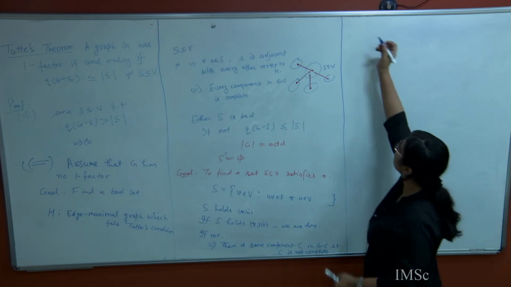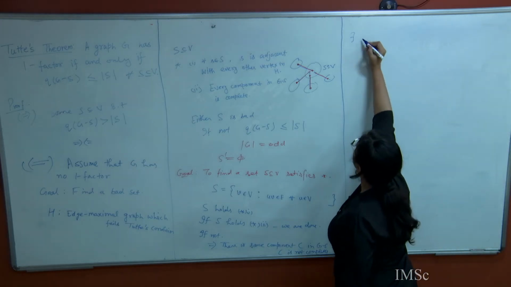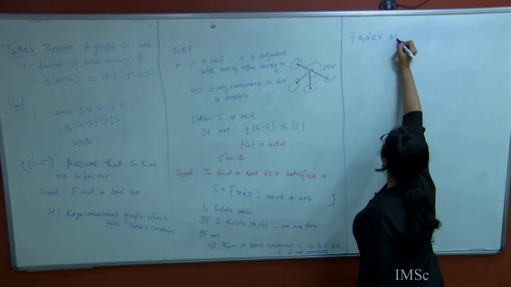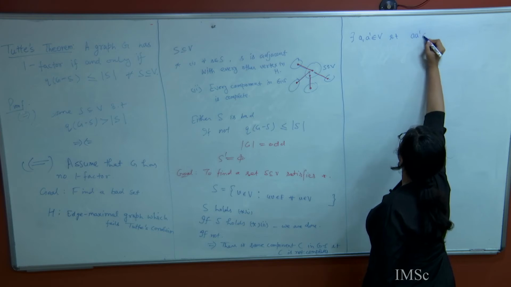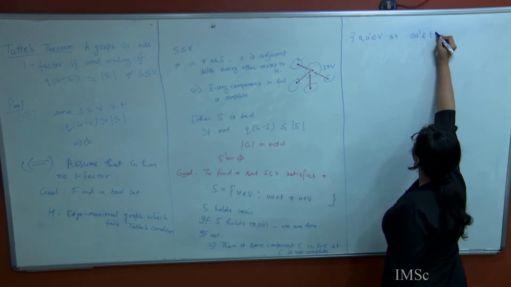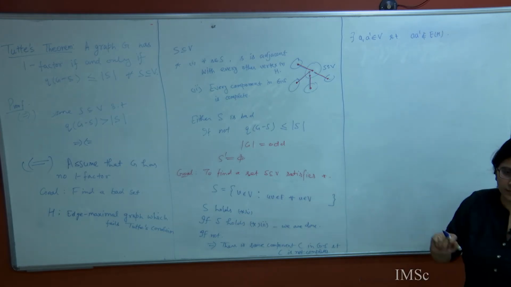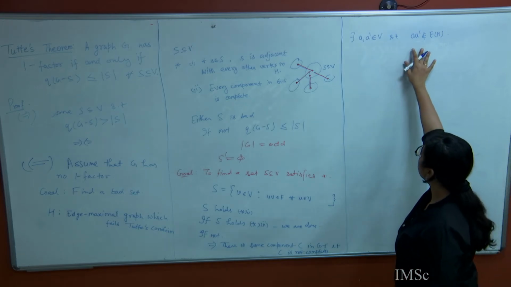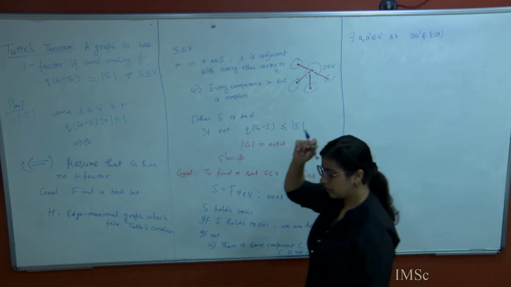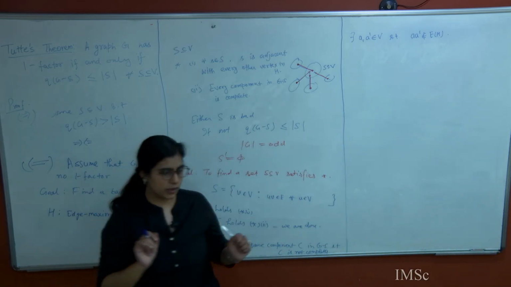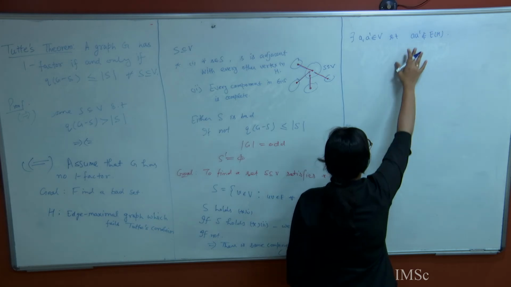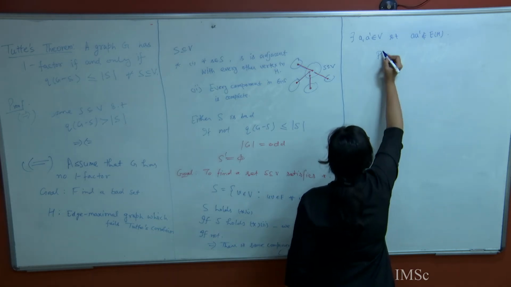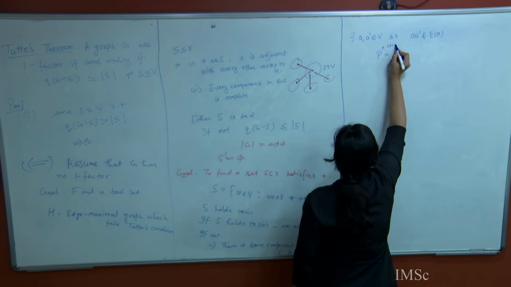What does it mean? That there exists some pair A, A prime such that AA prime is not an edge. So if A prime is not an edge, then look at some path, because this is a component. So there is some path between A and A prime. So let P be a shortest path.